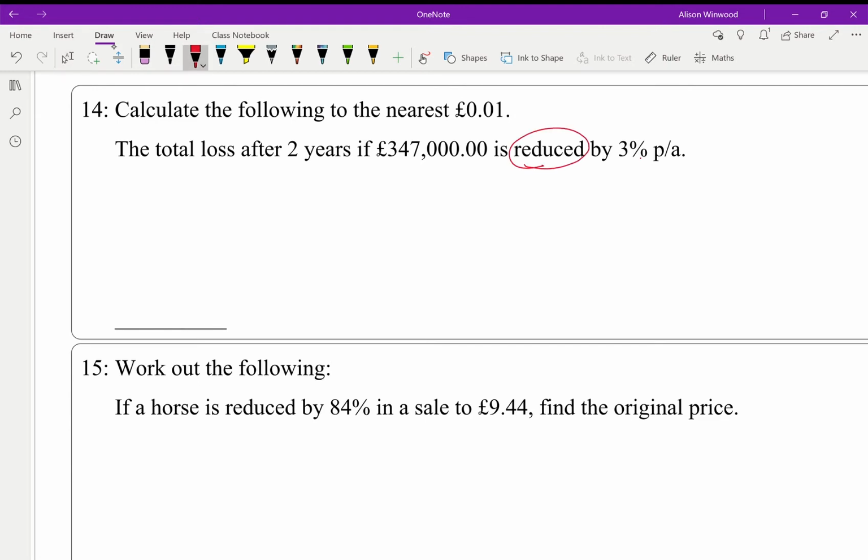Reduction means I subtract from 100, so 100 subtract 3 is 97 out of 100. I've got 347,000, and this is happening for 2 years.